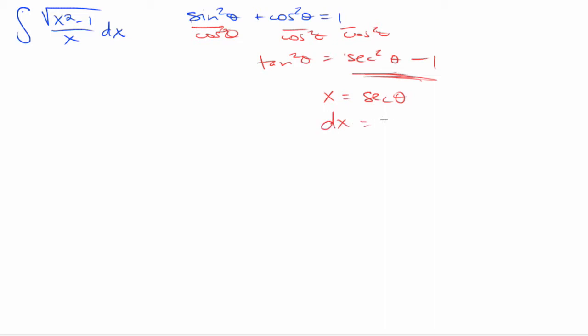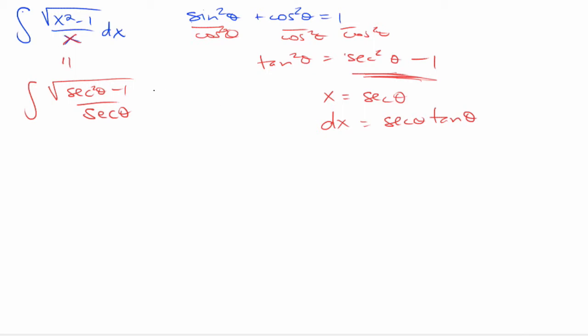That makes dx equal to secant theta tangent theta d theta, and rewrite the integral in terms of theta. So now we have the square root of secant squared theta minus 1 over secant theta. That's coming from this x here.